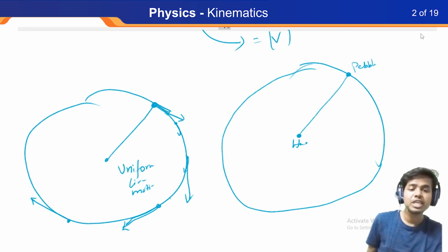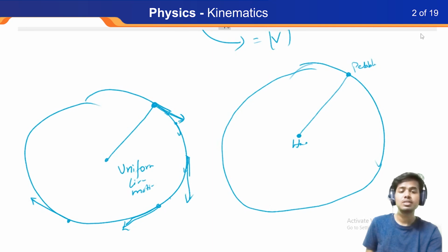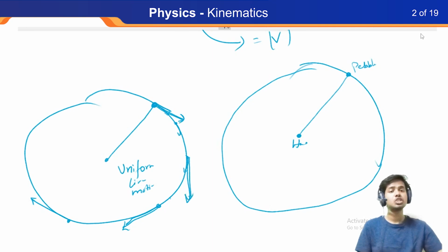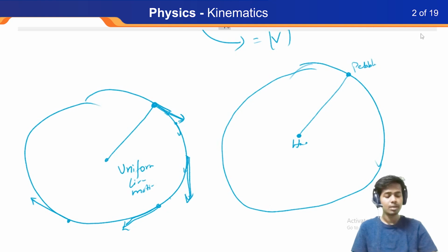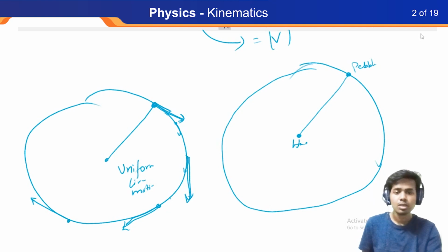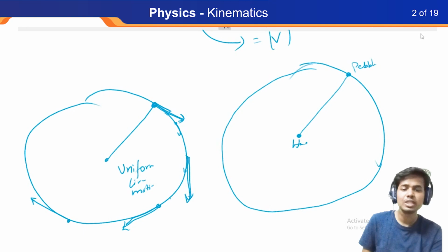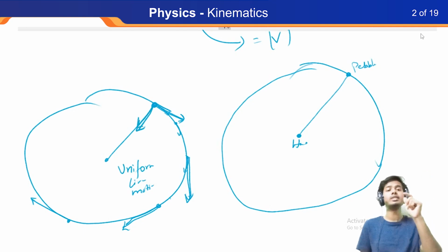So, for changing velocities, of course, the velocity is changing. For changing velocity, there must always be a force, or there must always be an acceleration behind it, right? So, the acceleration is actually towards the center. If you have ever whirled a pebble in circular motion, you must feel that you're always trying to pull the object towards you, but it is moving circularly.